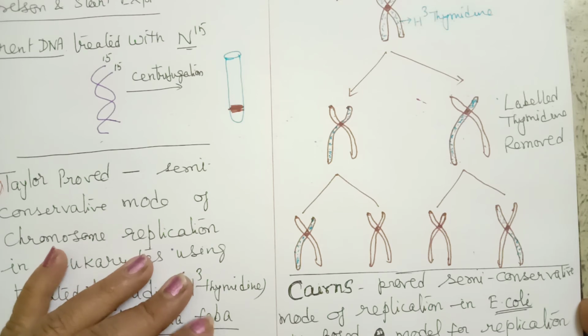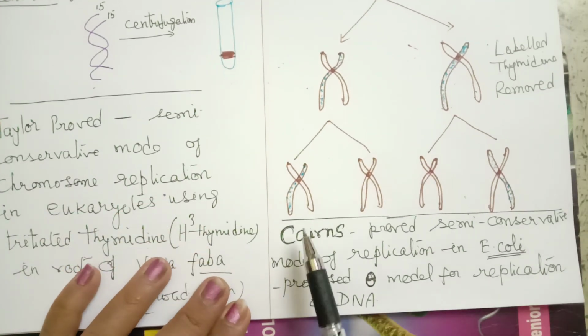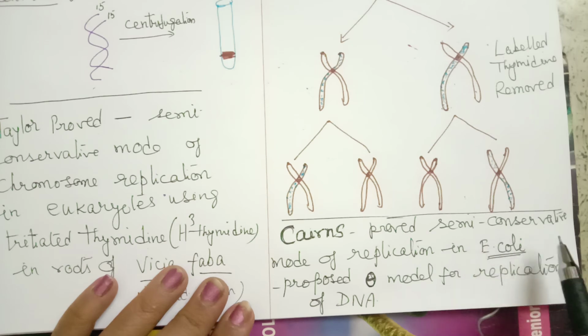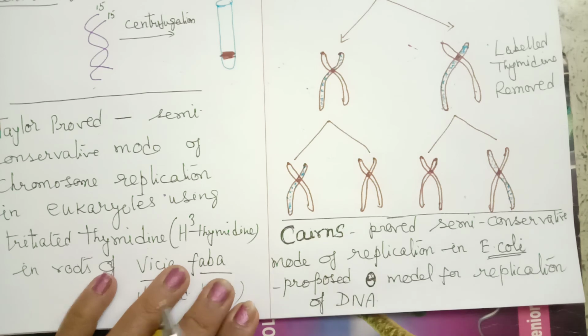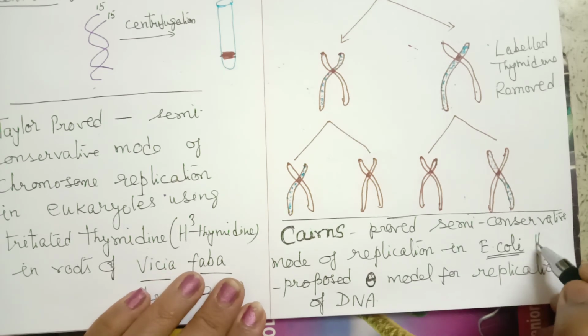Now lastly, another scientist, Cairns, C-A-I-R-N-S, proved the semi-conservative mode of replication in E. coli. Here he used the same thymidine. Just like Taylor, he also used tritiated thymidine, H3 thymidine.